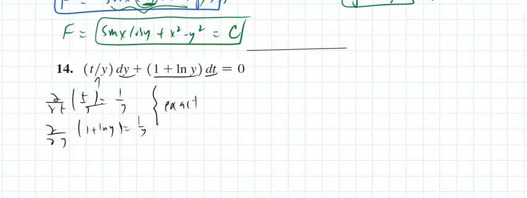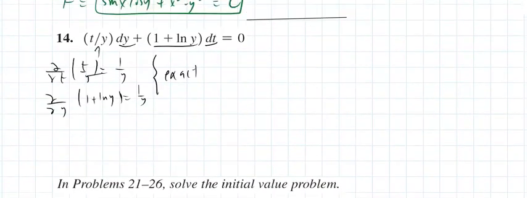So I start off by saying, well, all right, then guess what? This should work. That is, I should take the partial of f with respect to y of my function, and I should get t over y, and I'm going to integrate.